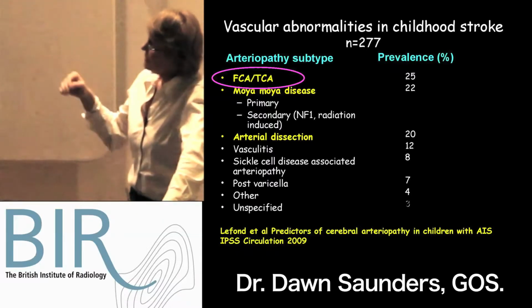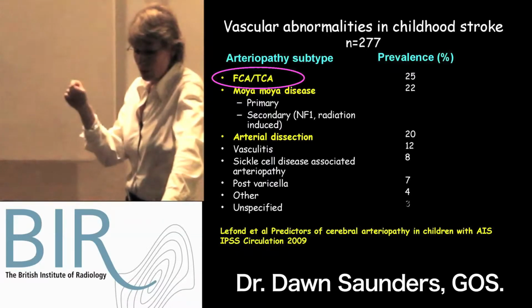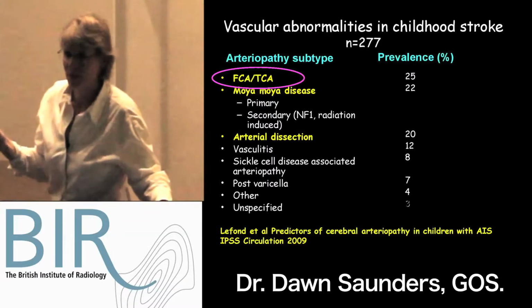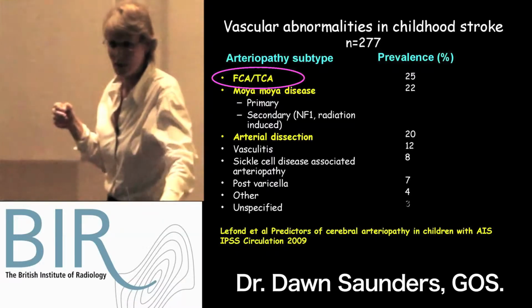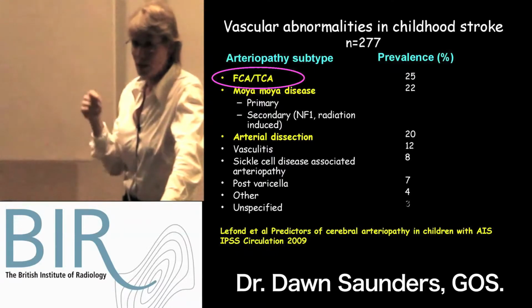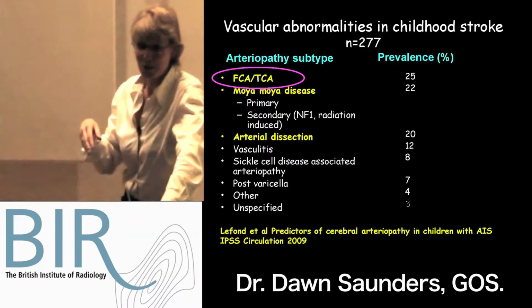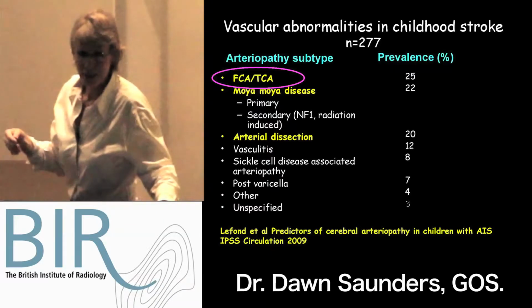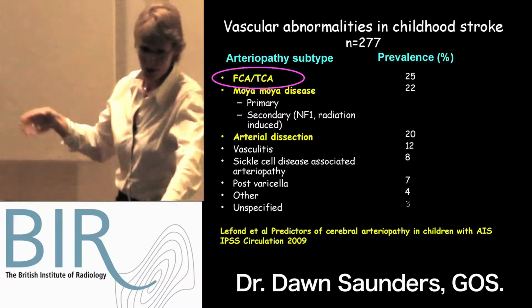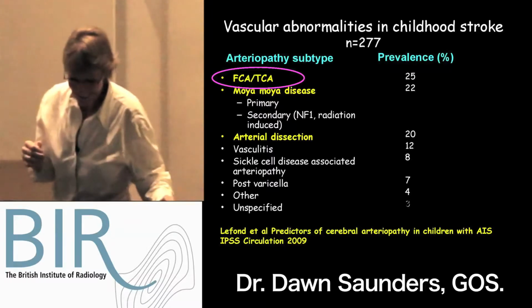In the old days, when we had a focal narrowing that went away within 3 or 6 months, it was called TCA. And obviously that's not a diagnosis that you can make at the point of the infarct because you don't know what's going to happen to it in 3 or 6 months. So they've changed the definition and now call it focal cerebral arteriopathy of childhood, which is a diagnosis that you make at the point of the infarct, which can become a transient cerebral arteriopathy 6 months later if it's gone. So it's a little bit confusing.